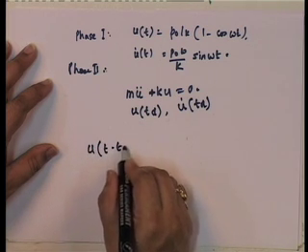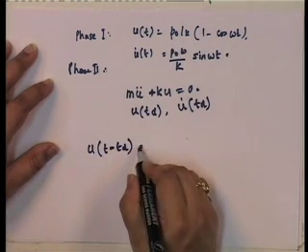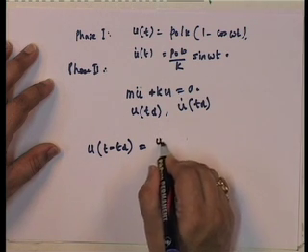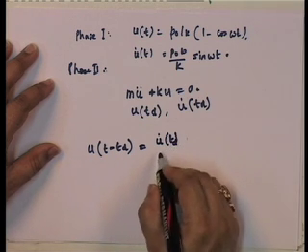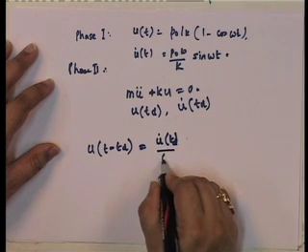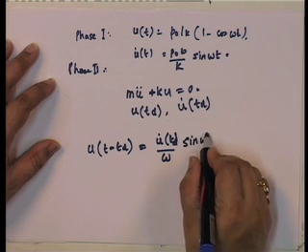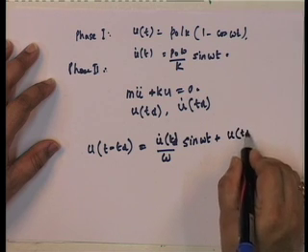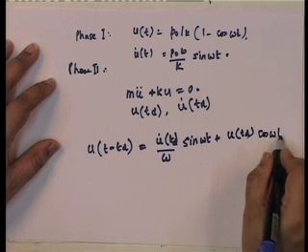I know the solution to this. If I just shift it by T d, then this solution basically becomes u dot of T d upon omega into sin omega t plus u of T d cosine omega t.